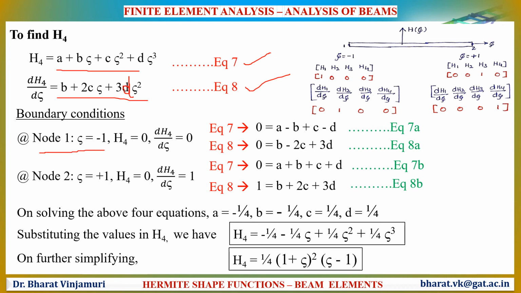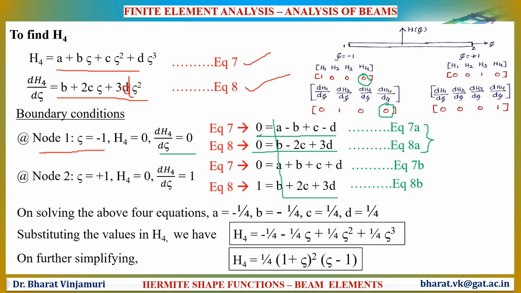At node 1, the value of zeta is equal to minus 1, and the value of H4 at node 1 is 0, and its first derivative is also 0 here. Applying these boundary conditions to equation 7 and equation 8 will end up in getting two new equations: 0 is equal to a minus b plus c minus d, as well as 0 is equal to b minus 2c plus 3d.